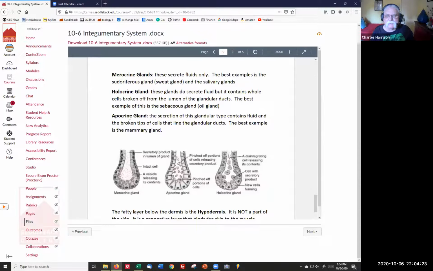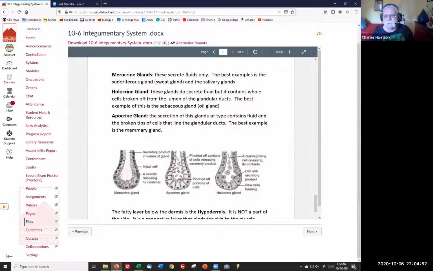The apocrine gland is the third type of exocrine gland. Apocrine gland has in its secretion not only fluid, but broken pieces of cellular tissue. That's this one in the center. Holocrine has whole cells. Busted up cells exit through the apocrine gland.